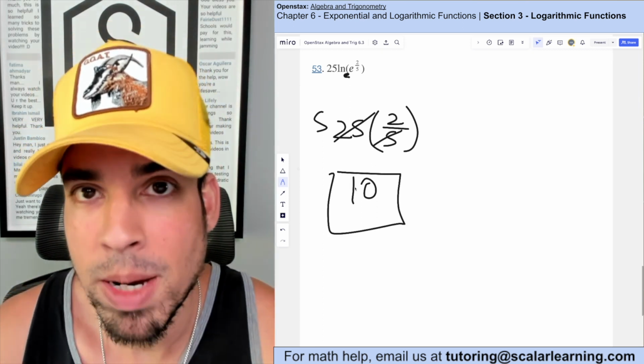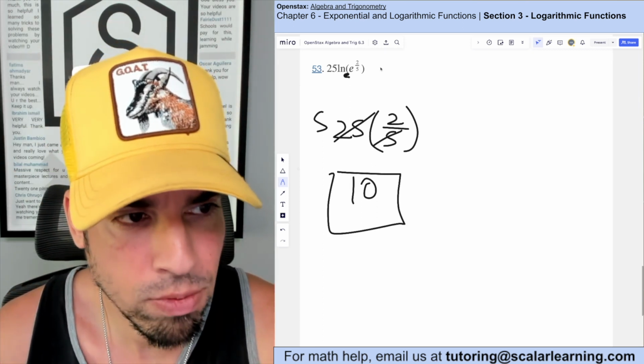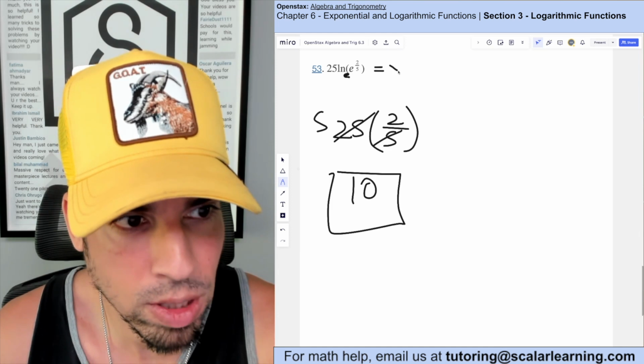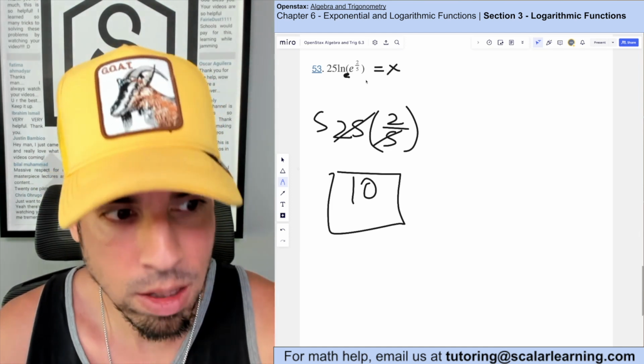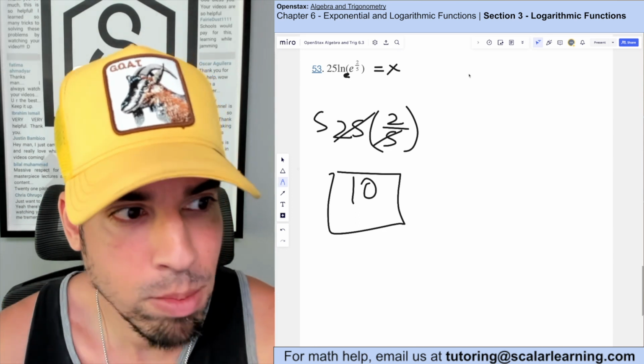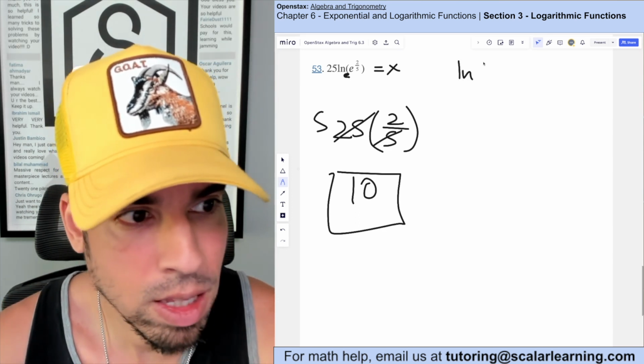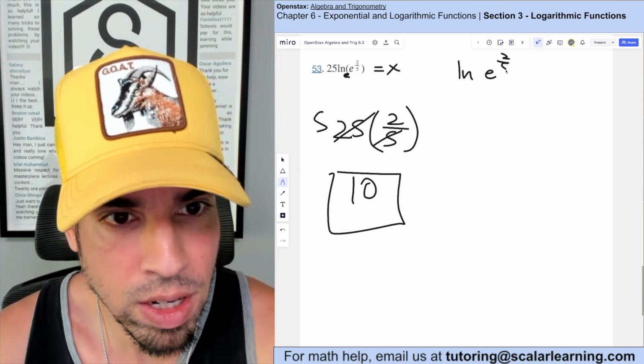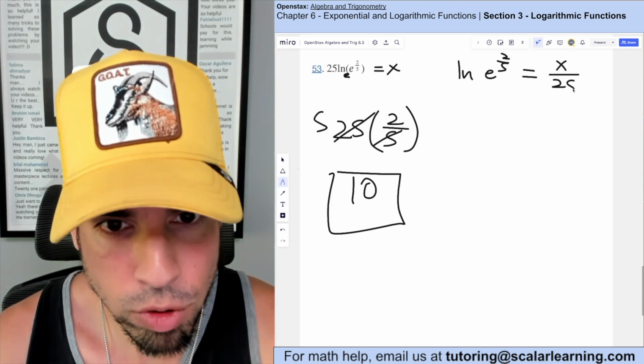But now if we go back to the method I was showing you guys before in previous examples, if we set this equal to x, we can also solve it by converting to exponential like this. So you imagine, first I'm going to divide both sides by 25, and then I have ln of e to the 2/5 equals x over 25.